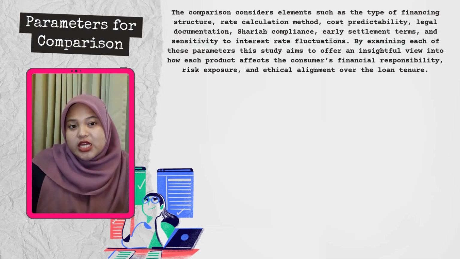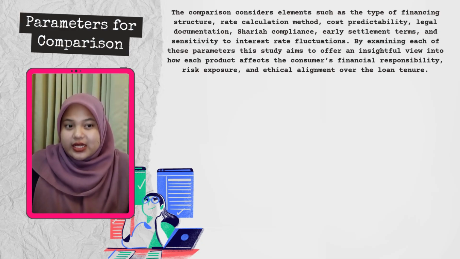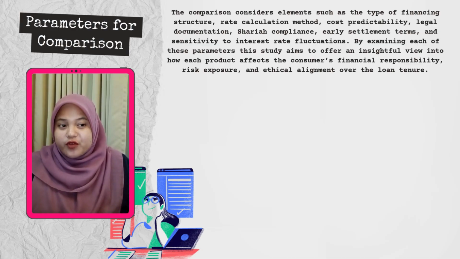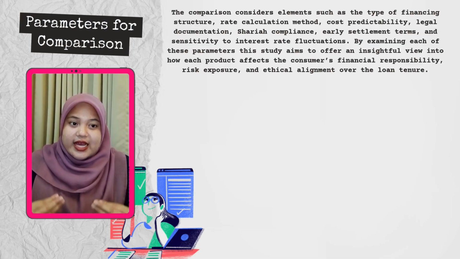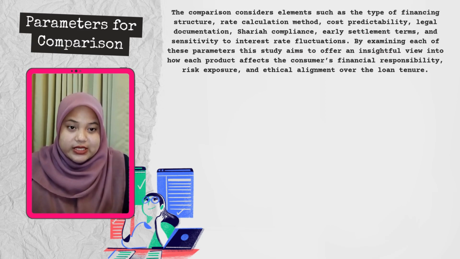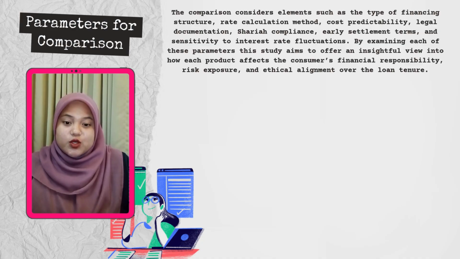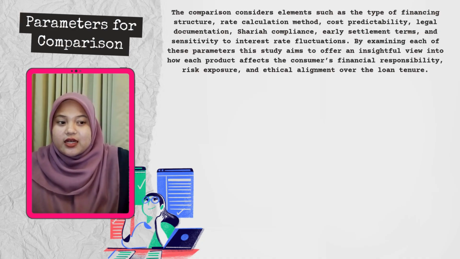By examining each of these parameters, this study aims to offer an insightful view into how each product affects the consumer's financial responsibility, risk exposure, and ethical alignment over the loan tenure. So there is a table that I include in the slide.